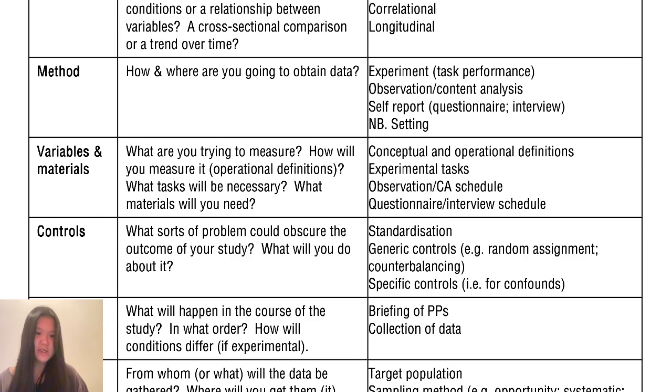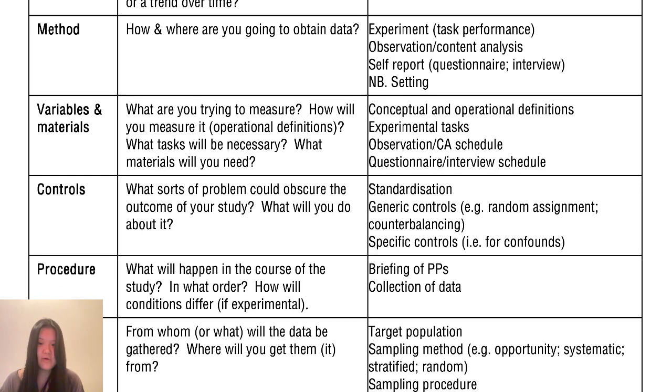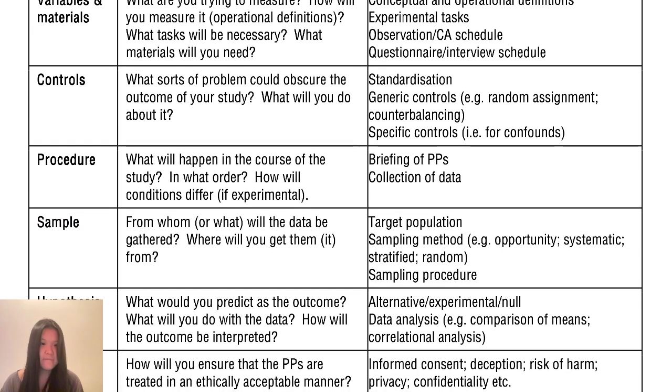Once you practice it enough, it's quite simple. For variables, the things to specify are conceptual and operational definitions, experimental tasks, observation, questionnaire or interview schedule.